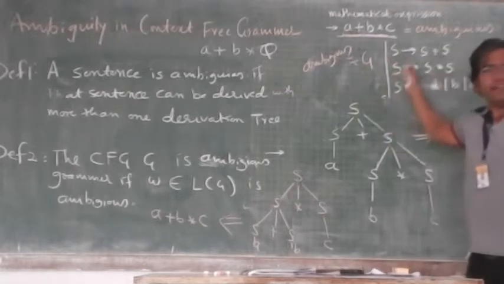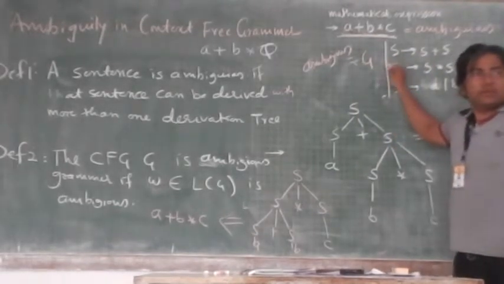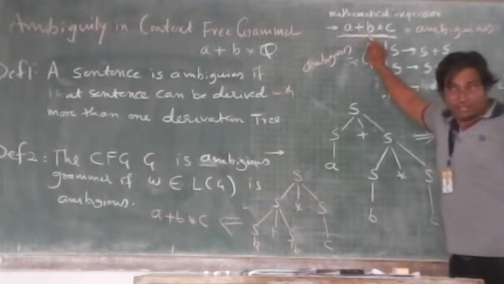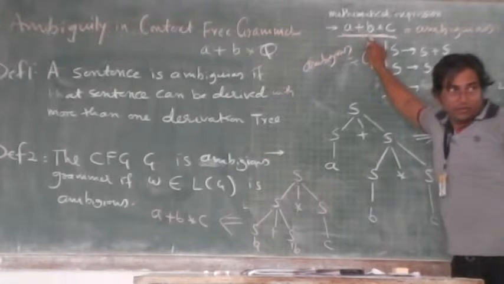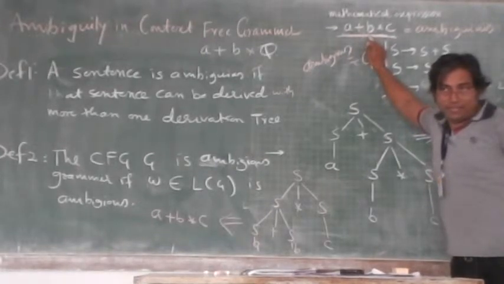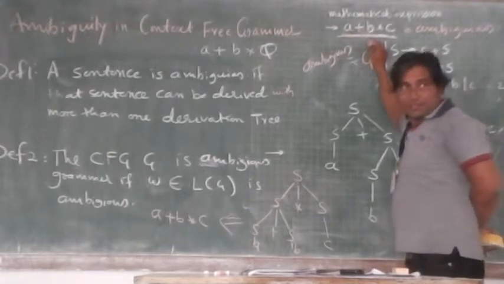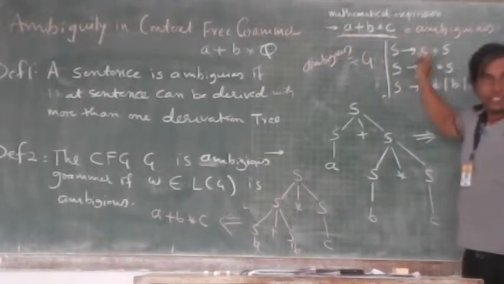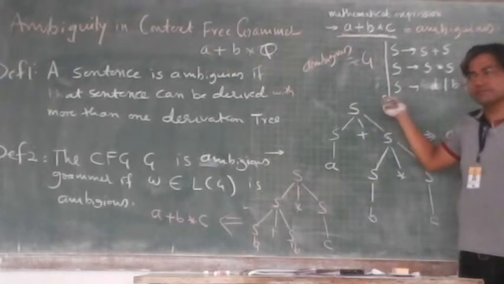Now I declared this grammar is ambiguous. Why? Because that grammar is able to produce a string which is ambiguous. Do you understand? When do I say a context-free grammar is an ambiguous grammar? If that grammar produces a string which is ambiguous. Okay?